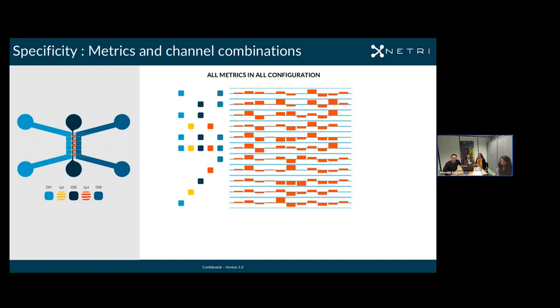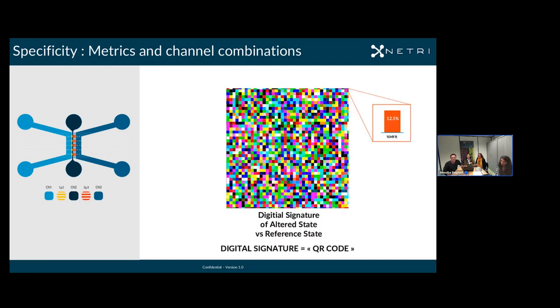Okay, so when we saw this, we said, well, this actually looks like a QR code, where one of these little squares would be the mean firing rate, right? But all the others are, for example, the mean firing rate in channel 3, or in the microchannels in the middle.